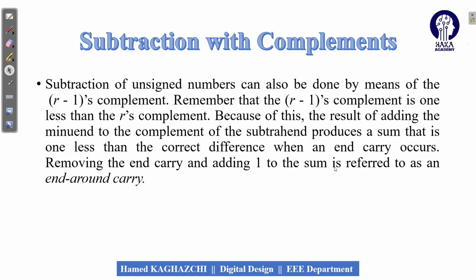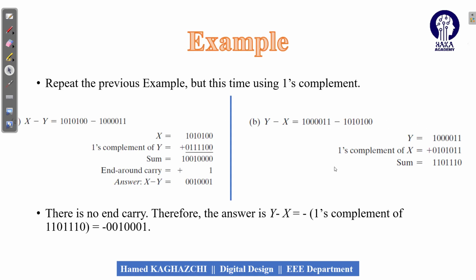If the result has a carry, discard this carry and add 1, and the result will be our subtraction. If the result doesn't have a carry, then again take the r minus 1 complement and place the negative sign. Now look at one example to explain it.